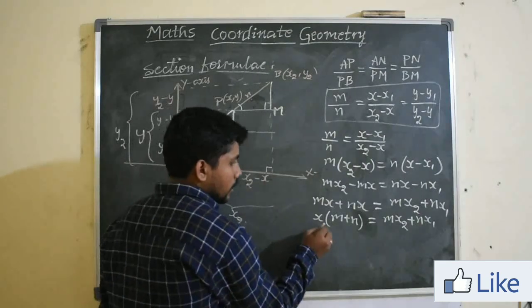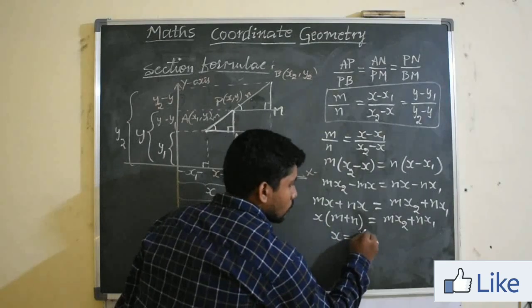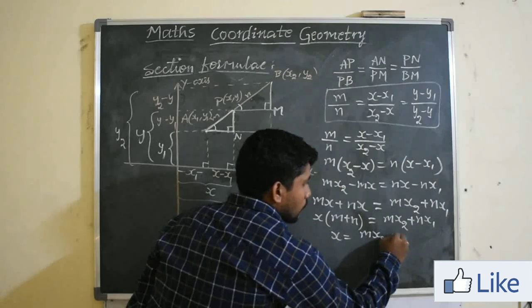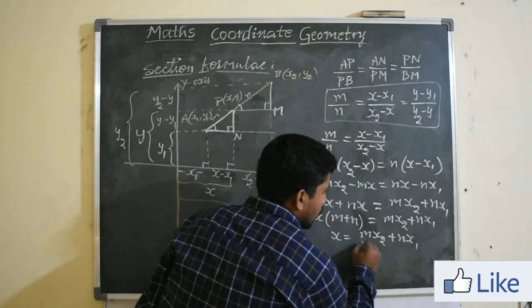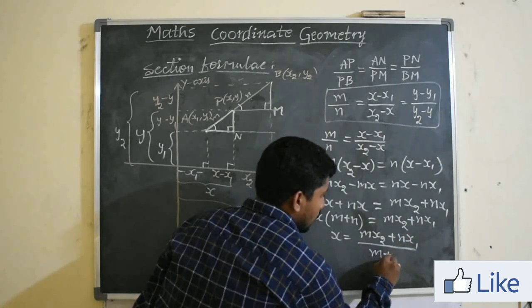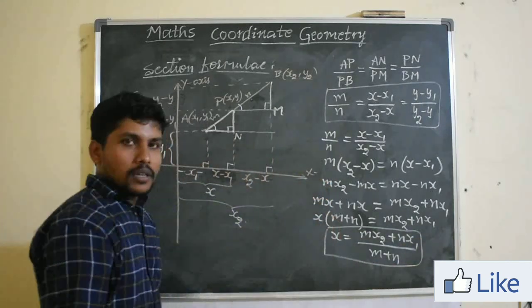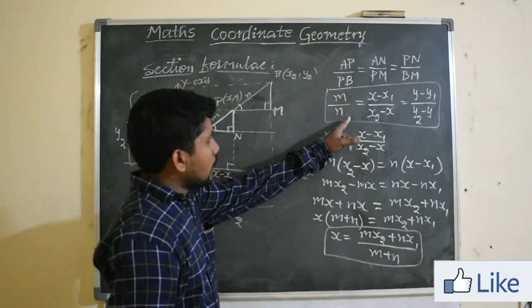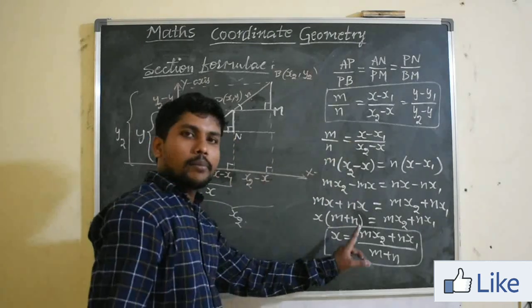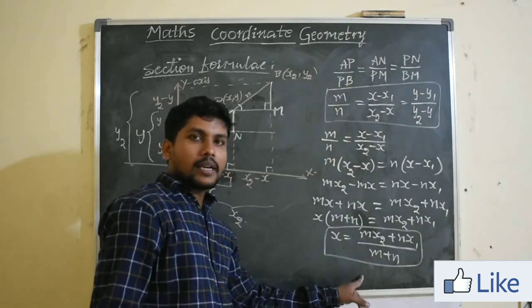Now find the x value. x is equal to mx2 plus nx1 by m plus n. So when you solve for the x value, you get x is equal to mx2 plus nx1 by m plus n.